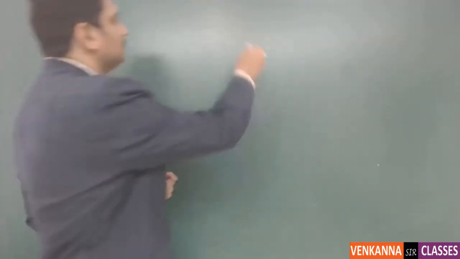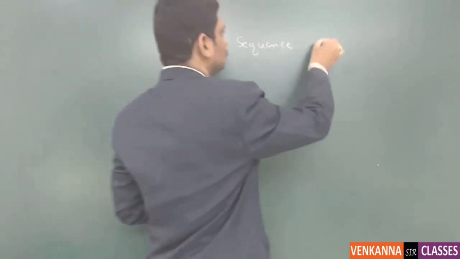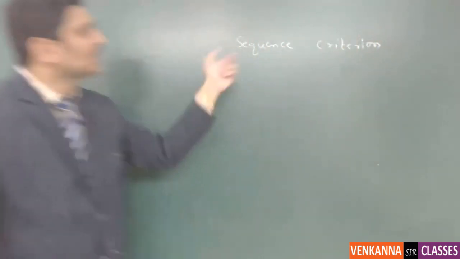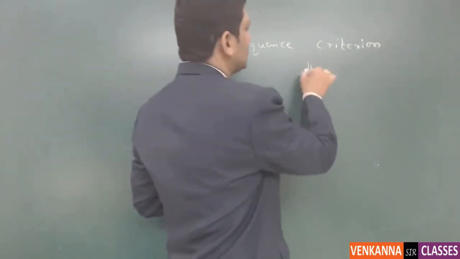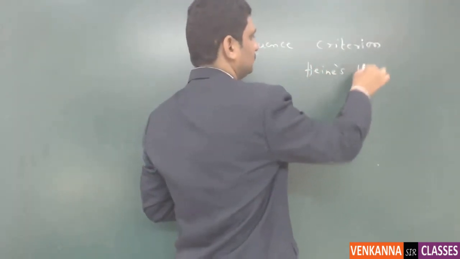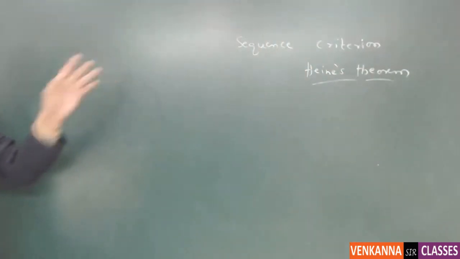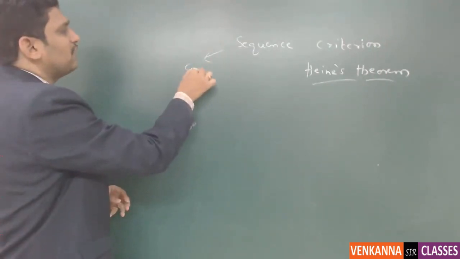So here we are entering into one interesting concept. Sequence criterion, and another name is also there. We call it Heine's theorem. Usually we remember it with the phrase sequence criterion. It is the best technique to decide the continuity of a function.